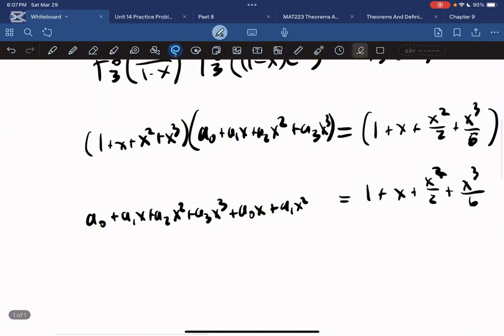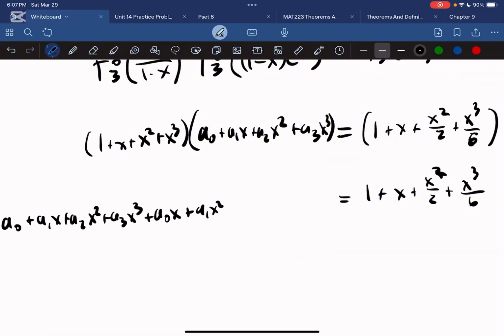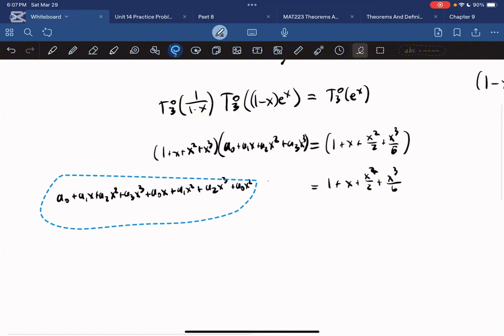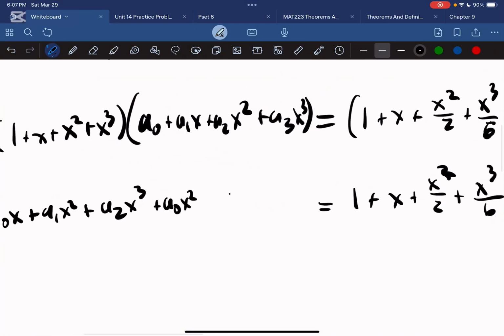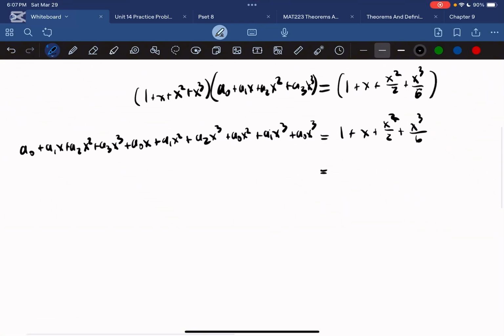This is going to be long. Hold on. a2x cubed plus a0x squared plus a1x cubed plus a0x cubed. Okay? And now we can combine like terms. Sorry, I chose like a really crappy function for this one.